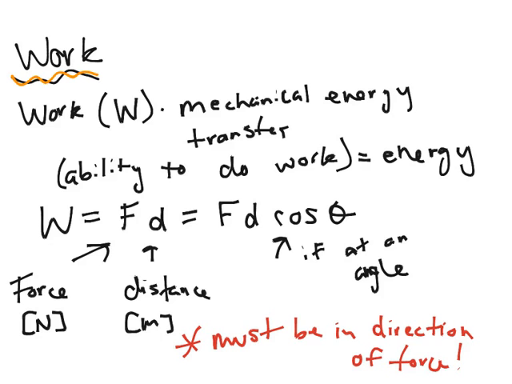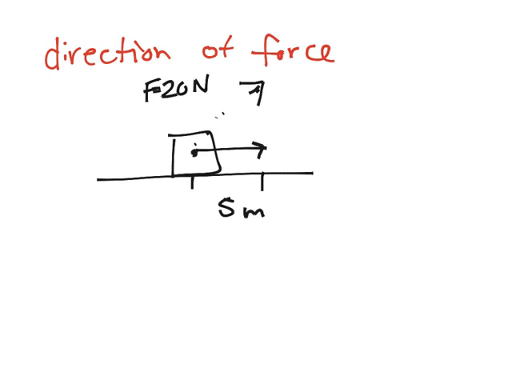So to better illustrate that, for example, say we have a box and we are pushing it so that it moves 5 meters to the right. However, we're actually also pushing it up with 20 newtons.